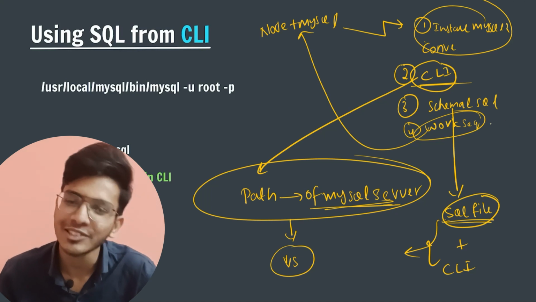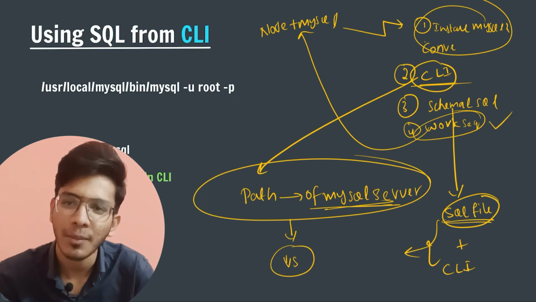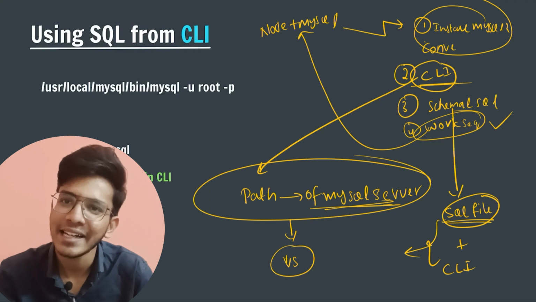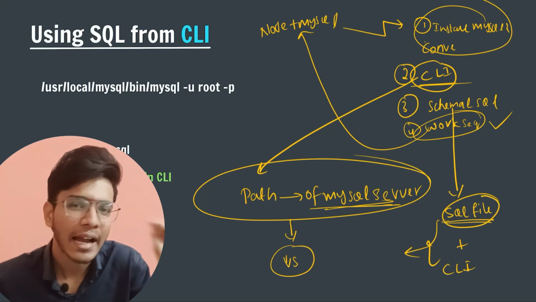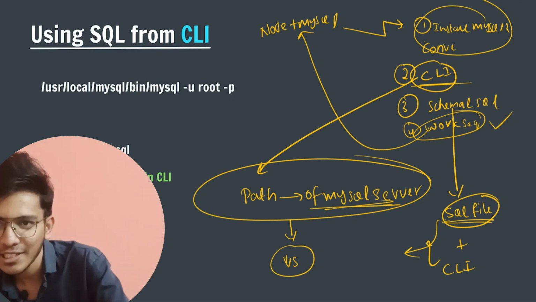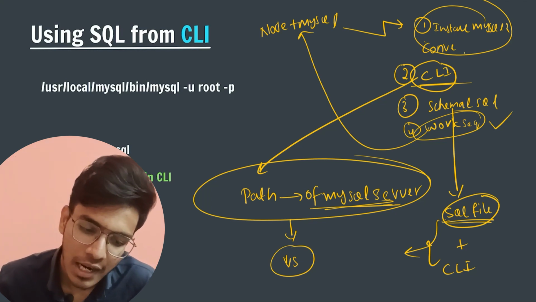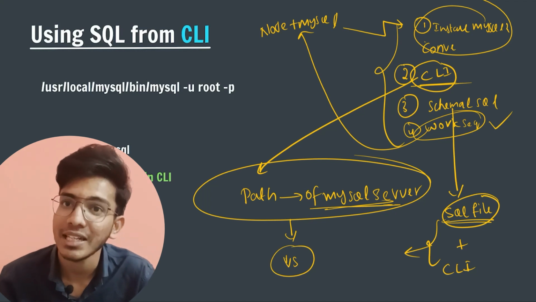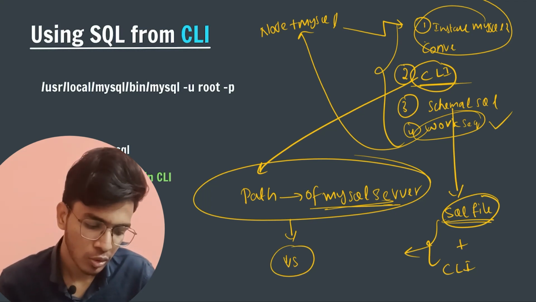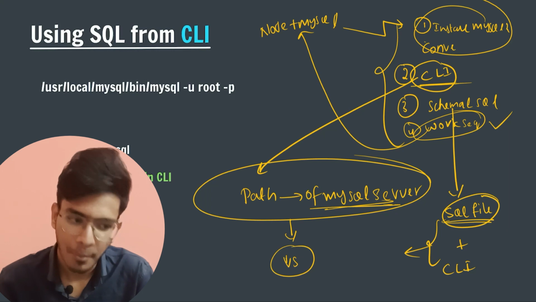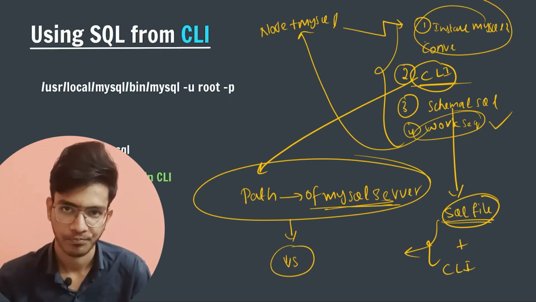And the fourth method is the old school method: opening your Workbench, creating data, adding data, a very basic method, and taking this data, creating a file for that data and using it in our node. Okay, these are the three-four methods basically which we are going to use to integrate our MySQL with our Node.